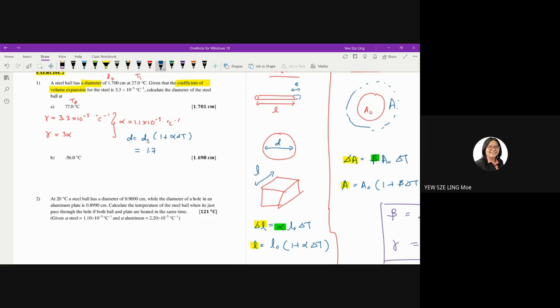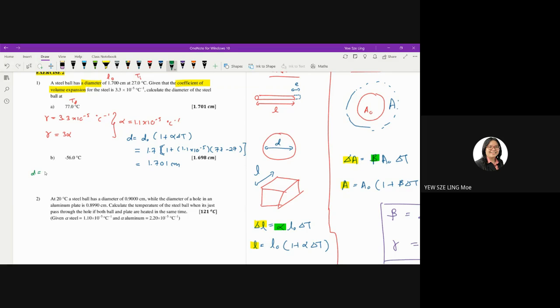If D initial is in cm, then D final is in cm as well. So 1.7 bracket 1 plus alpha, which is 1.1 times 10 to the power of negative 5, times the change in temperature, 77 minus 27. You close the bracket, and D final is then equal to 1.701 cm. 1.701 cm.